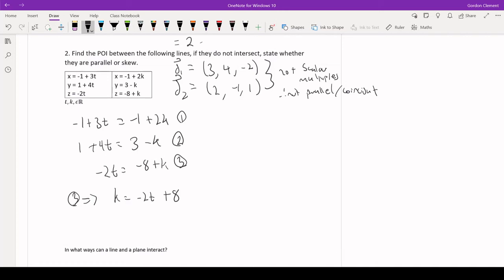So I can sub it into 1 or 2, doesn't matter, and solve for t. I'm going to go ahead and sub into 2 because it's got 1k instead of 2k, so maybe that'll be easier. So I'm going to say sub to 2 and say 1 plus 4t equals 3 minus, in brackets, -2t plus 8.